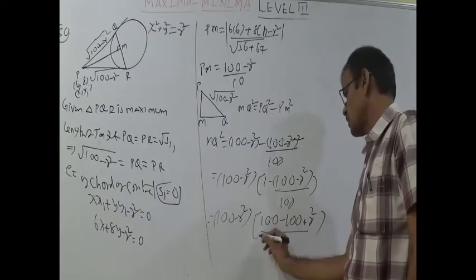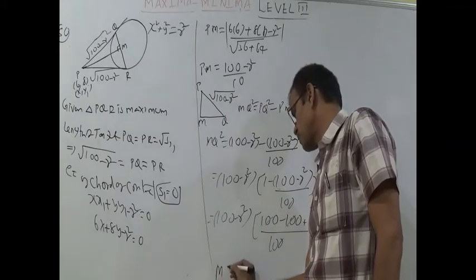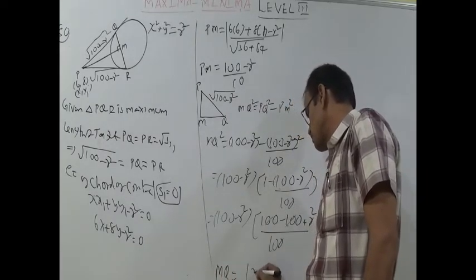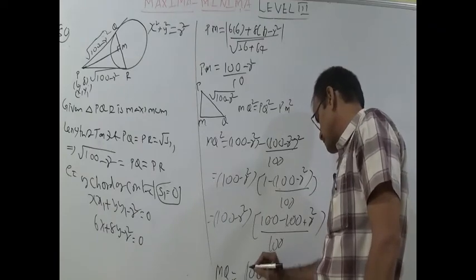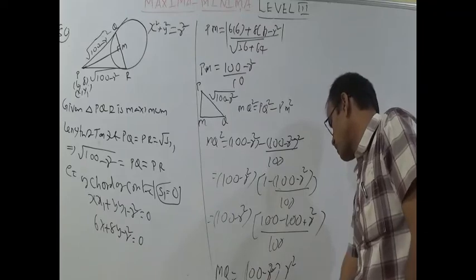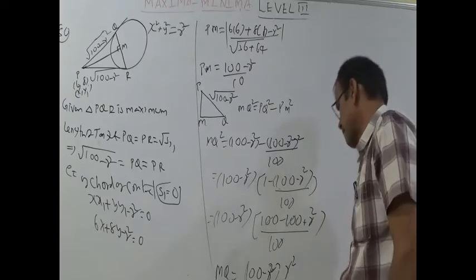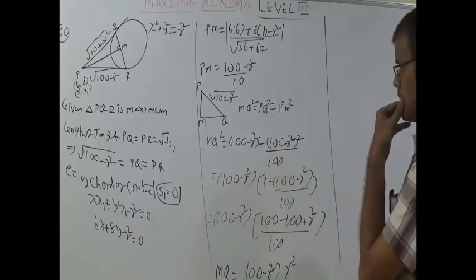So 100 and 100 get cancelled. MQ square is equal to 100 minus r square into r square by 100.